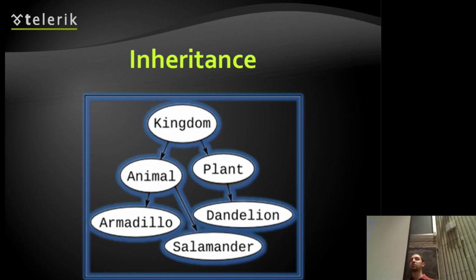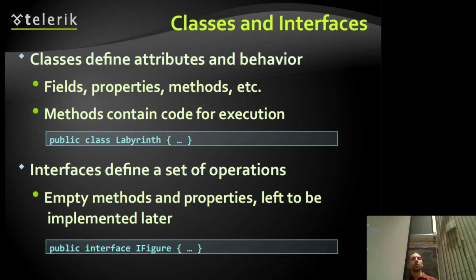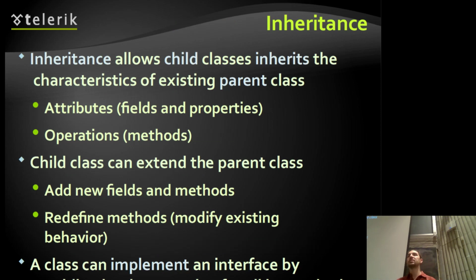We should define how to speak. And for a dog, they would say bark, and for a cat, they would say meow. So this interface looks like a class, but we don't provide any method bodies. We just say, hey, you need to implement these functions. A method has executable code associated with it. An interface just has a list of methods that someone else needs to implement. And we can inherit from interfaces. We say we implement those interfaces.